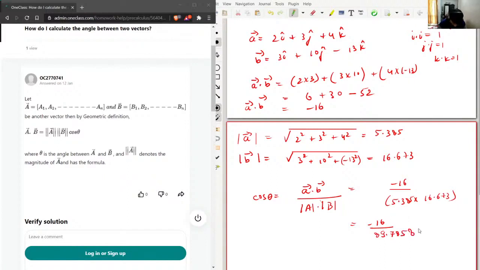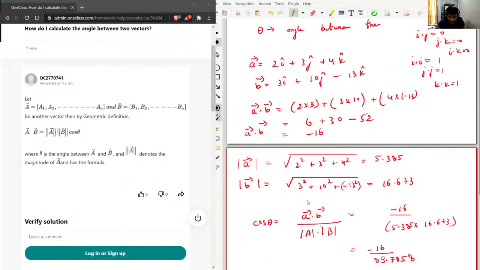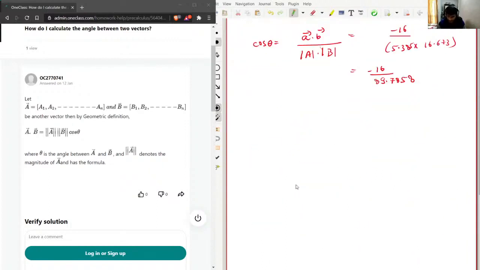Minus 16 divided with the answer, it will give me cosine of theta equal to negative of 0.1782.